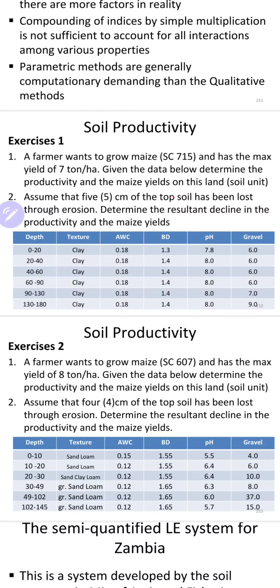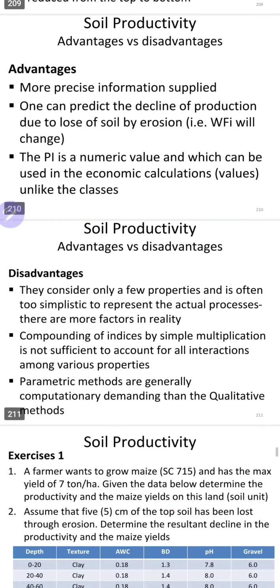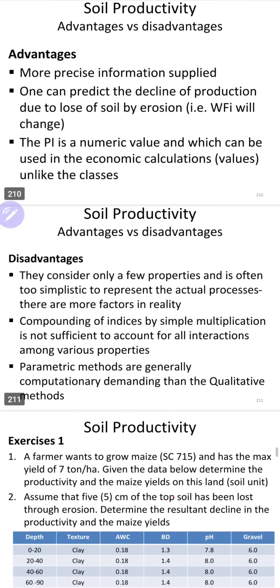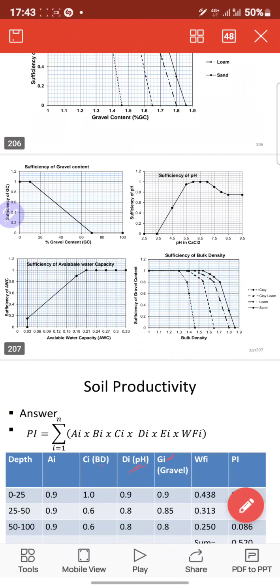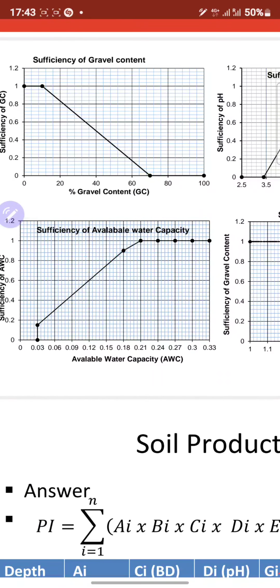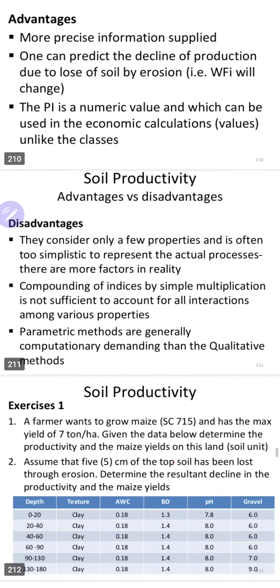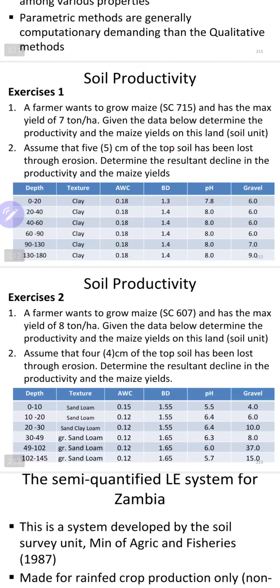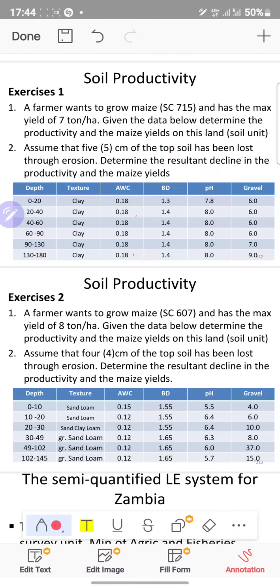You go to the available water capacity curve, which is 0.18 here. Here you come to 0.9, so your sufficiency level is 0.9, which is interpreted as 90%. So 0.9 here, everything. Then bulk density BD 1.3, and then the rest is 1.4.